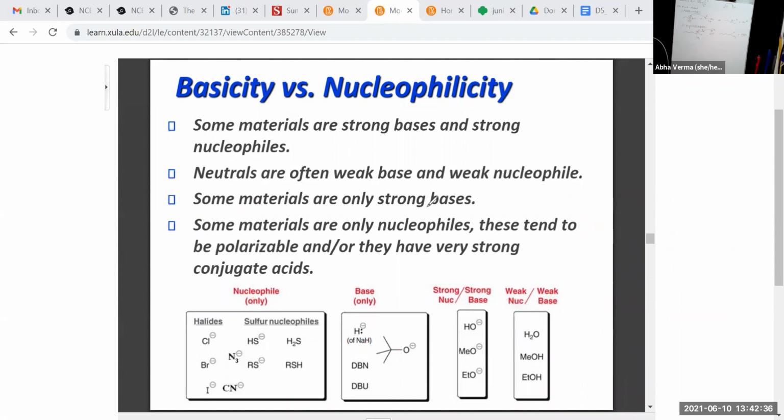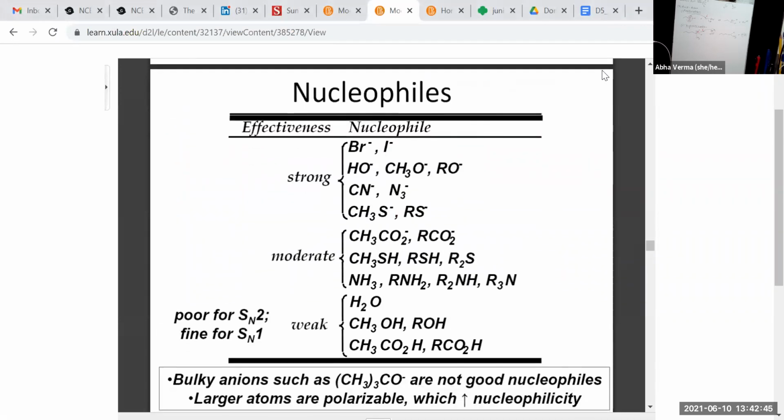Knowing your differences between nucleophilicity and basicity will definitely help us when we go to E1 and E2 kinds of mechanisms. But in general, just remember, every time you have a negatively charged molecule, you will have strong electron donors. What about these guys? These are neutral, so we know that they are not as strong electron donors.